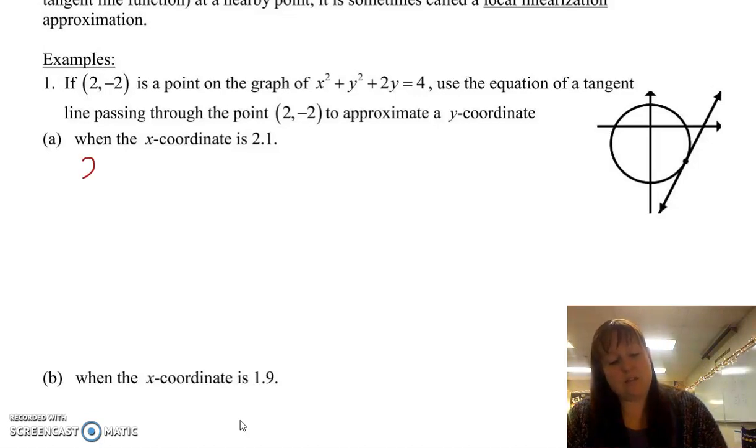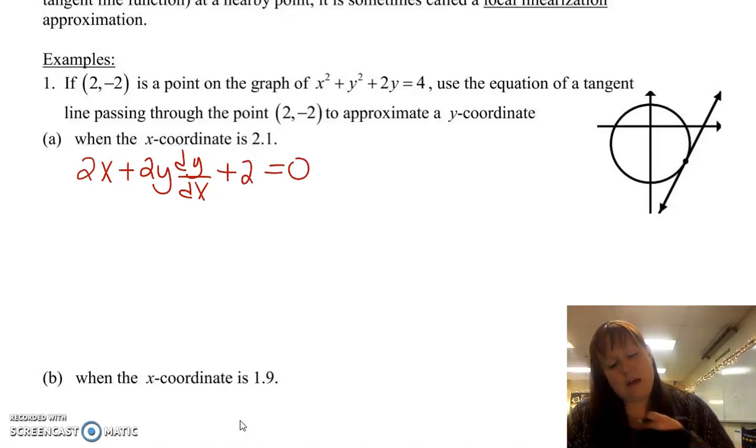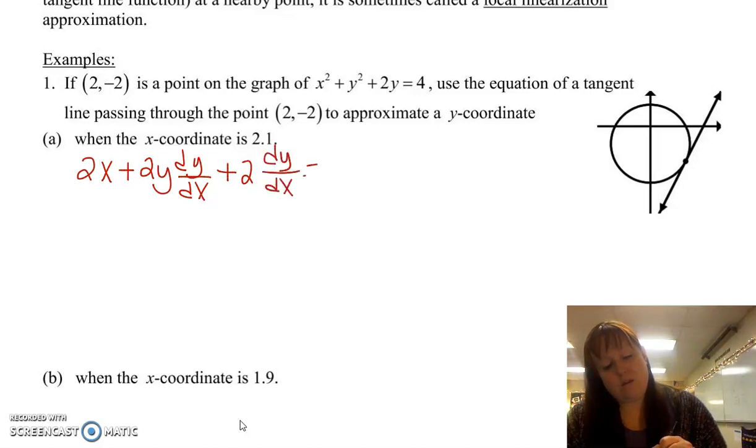So we get 2x plus 2y dy/dx plus 2 equals 0. Oops, I forgot my dy/dx on my 2. Okay, equals 0. There we go.